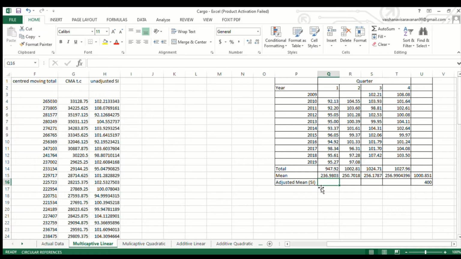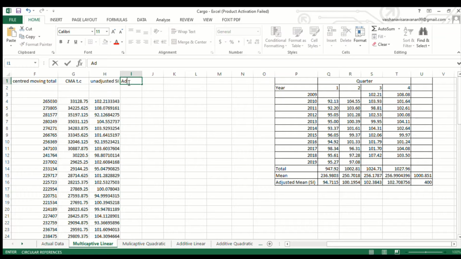As for the adjusted mean, we are going to divide the mean value by the total mean times 400. Since we need the fixed value of the cell, I'm just going to add the dollar sign. And the same formula applies to each cell. Now we have the adjusted mean value for each quarter.